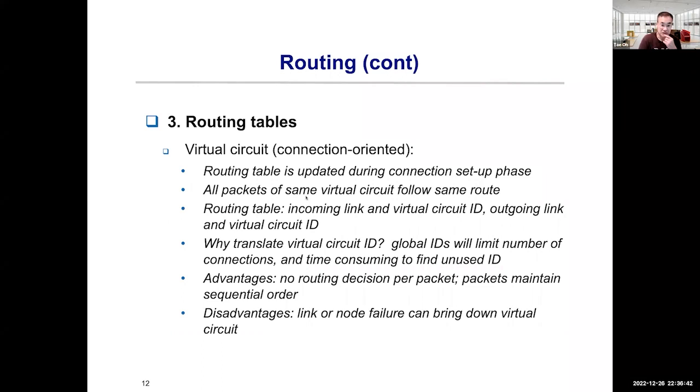So when you have a routing table, typically it can perform source routing, and it also needs to determine how to get from source to destination. Connection oriented is the most reliable, more predictable way to send the packet to the destination.